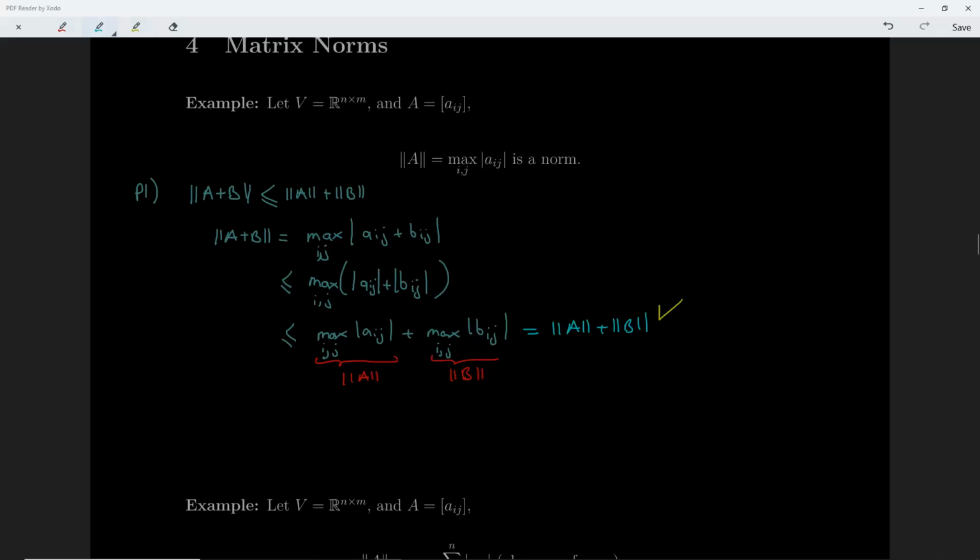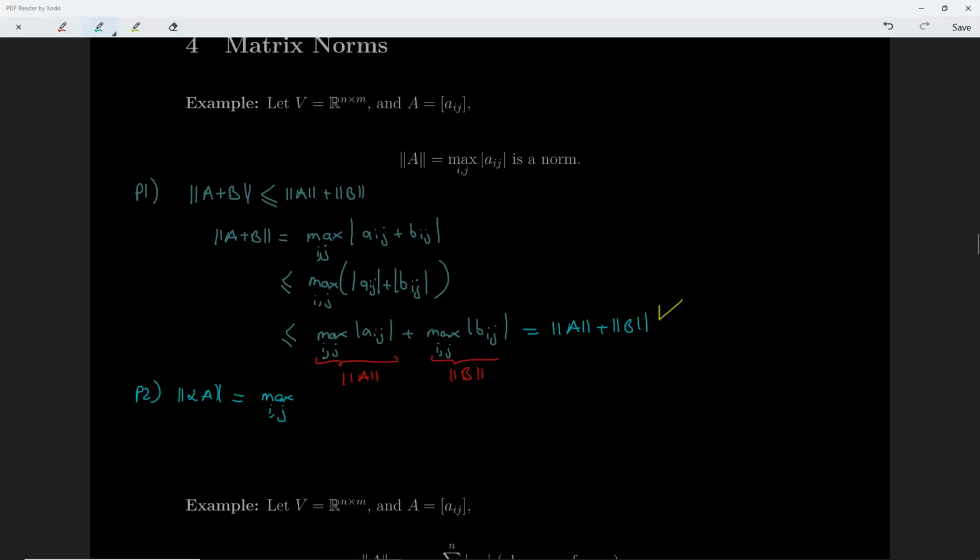What is the second axiom? It's about scalar multiplication. Okay, so we were saying that the norm of alpha times A should satisfy the absolute value property. So let's have a look at that. According to the definition, the norm of alpha times A is basically max over ij. Alpha times A is going to be another matrix where each entry is multiplied by scalar value alpha.